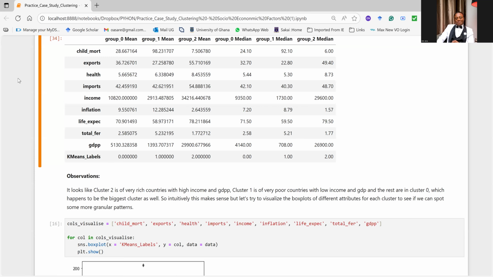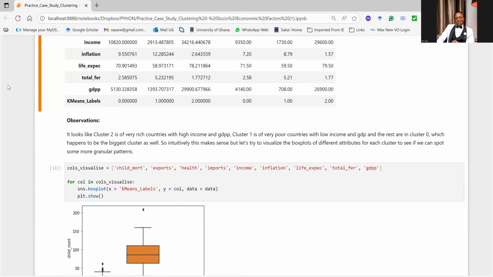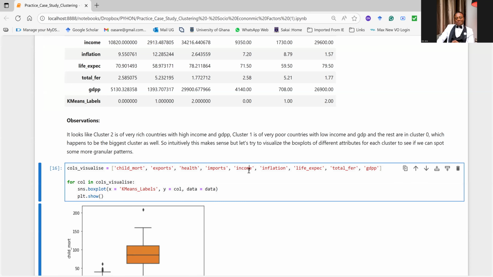But it's good to visualize a box plot of different attributes. We're going to do a box plot of different attributes for each group to see if we can spot some very clear patterns. We take a box plot of child mortality across the groups, then export, then income, then inflation, then all the rest across the groups.